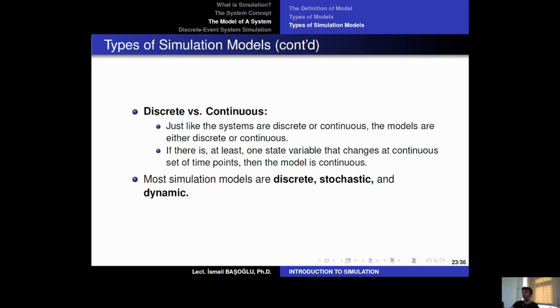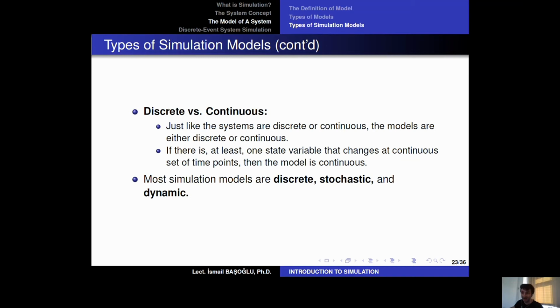The events are occurring at a discrete set of time points. Basically, if the events over time are countable, for example, you can count the arrivals and you can count the departures as well, then usually that system or that model is discrete.